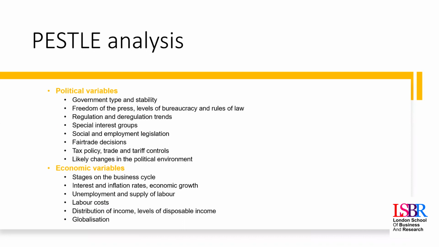So that's the government, it's about regulation, it's about special interest groups, tax policies, fair trade decisions. These are all political variables that might impact our business. Economic variables, these are things such as labor costs, globalization, unemployment, inflation, perhaps what monetary or fiscal policy the government's pursuing. These are all economic variables that will impact how our business performs.